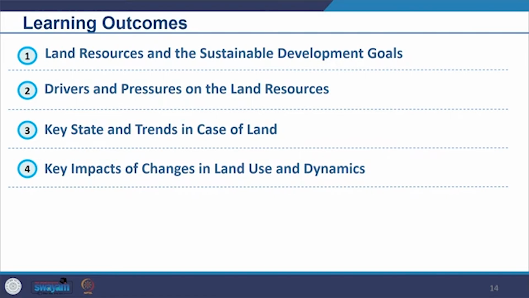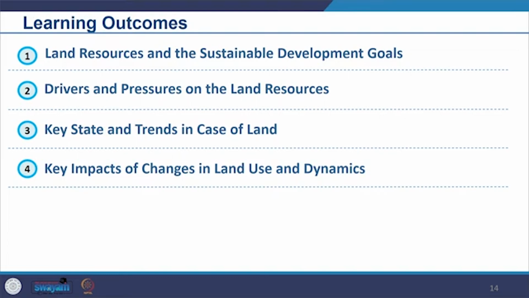So the expected learning outcomes. Once you go through this, you should be able to review the land as a resource and then look at it from the perspective of Sustainable Development Goals.